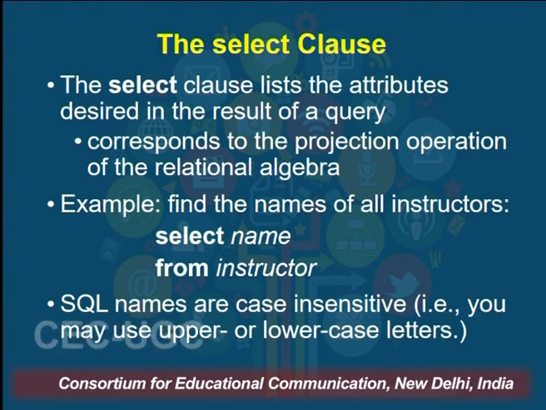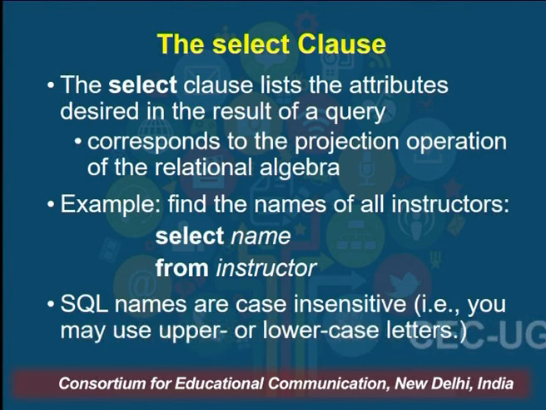So, the select clause basically is going to list the attributes desired in the result of a query, and these attributes correspond to the projection operation of relational algebra that we have seen in our previous lecture. So, for example, the simplest one could be select name from instructor.